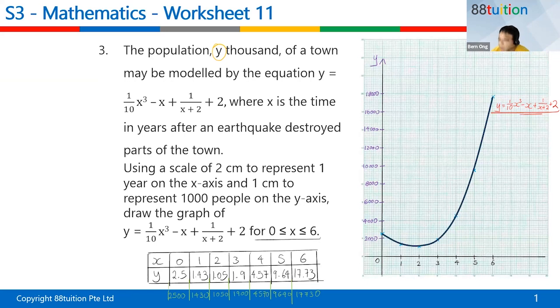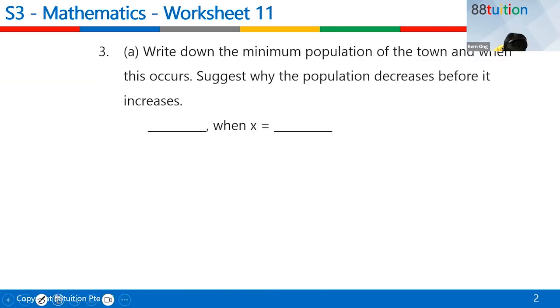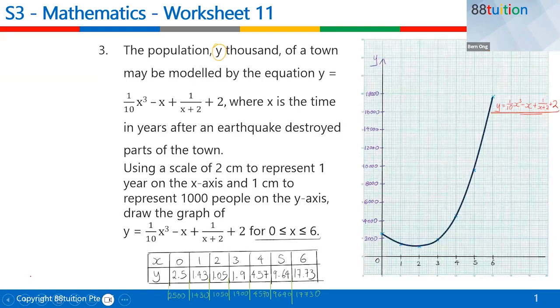If you draw the graph, the part that comes out here is the lowest point. The minimum population is at 1,000 down here.